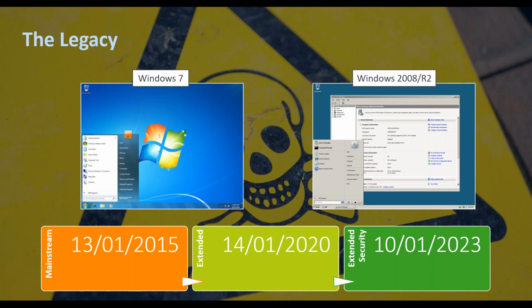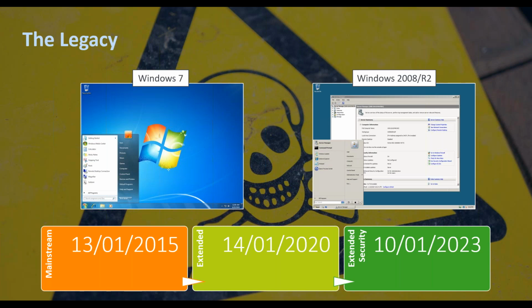And that only applies to the professional and enterprise licenses, which I imagine in the trust, that's going to be the case anyway. If you aren't making use of the extended security updates, then Windows 2008 and Windows 7 devices within your network are not going to be getting critical security updates from Microsoft. This frankly leaves the doors and the windows open to anyone able to abuse them.